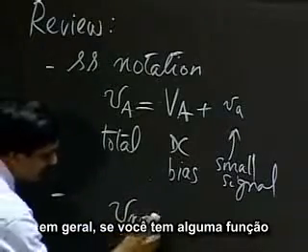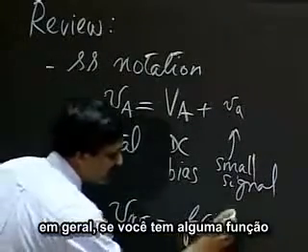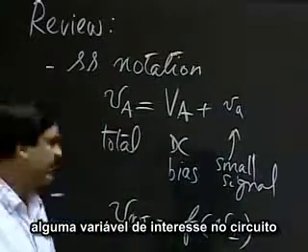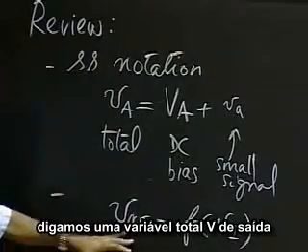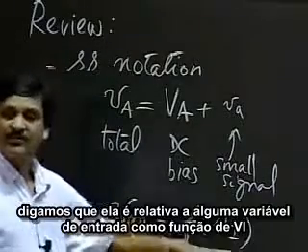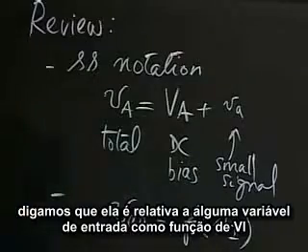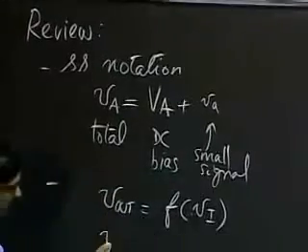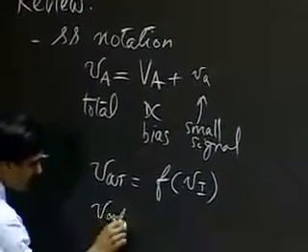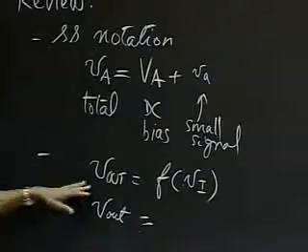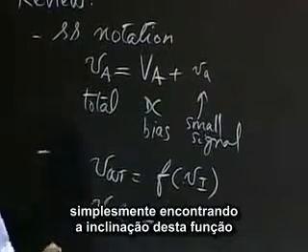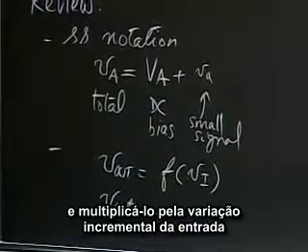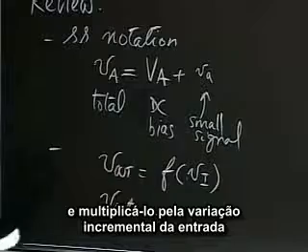In general, if you have some function, some variable of interest in the circuit, say a total variable V out, let's say it relates to some input variable as f of Vi. So mathematically, we can find out V out by simply finding the slope of this function at the operating point and then multiplying it by the incremental change in the input.